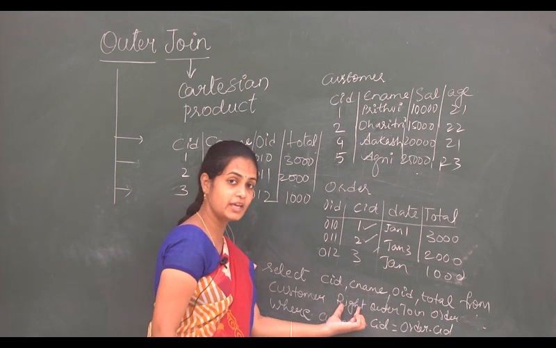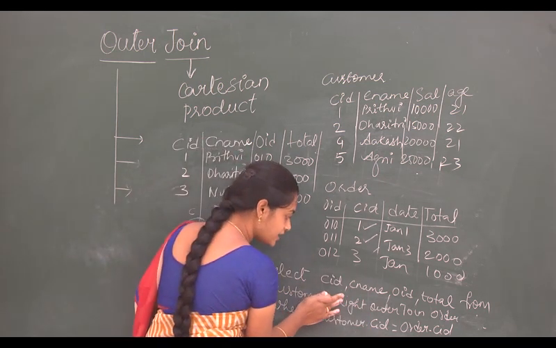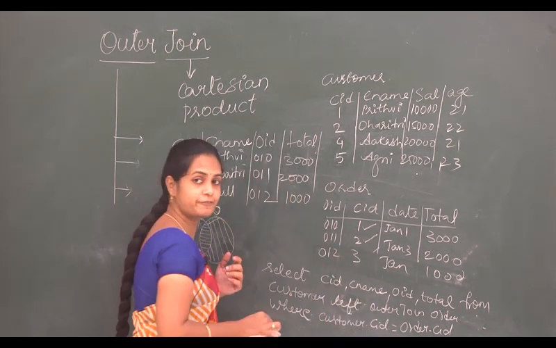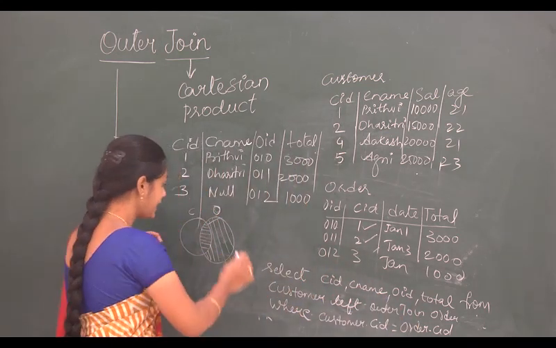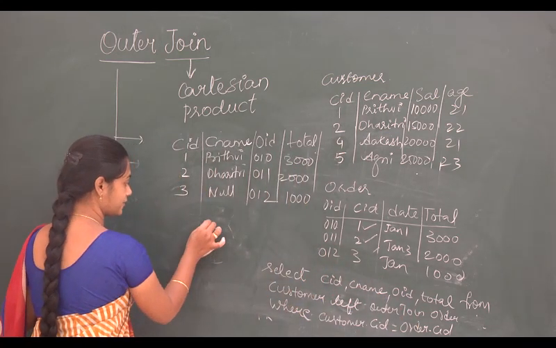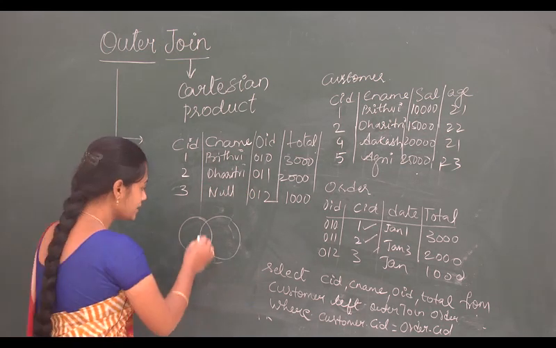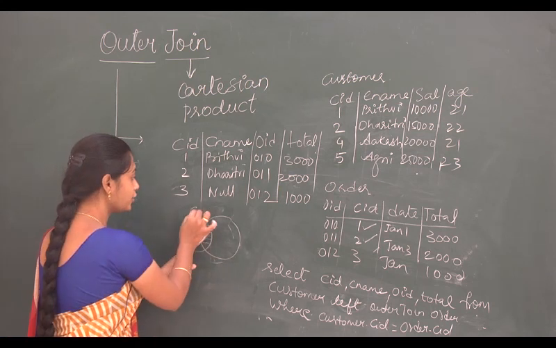In the same way, if I want to perform left outer join, instead of right, you simply need to mention left outer join. Now what is left outer join? Again we will represent it in Venn diagrams. If I have two tables, in an outer join first it will retrieve all the common values between the two tables.